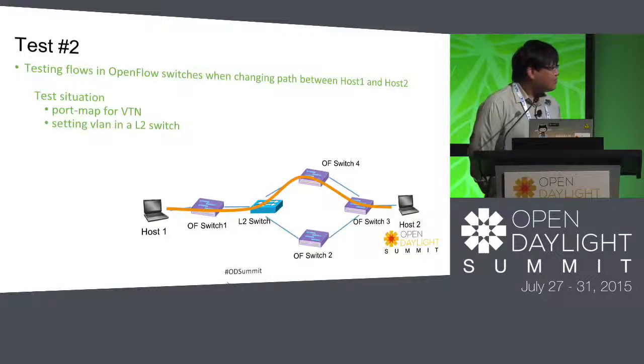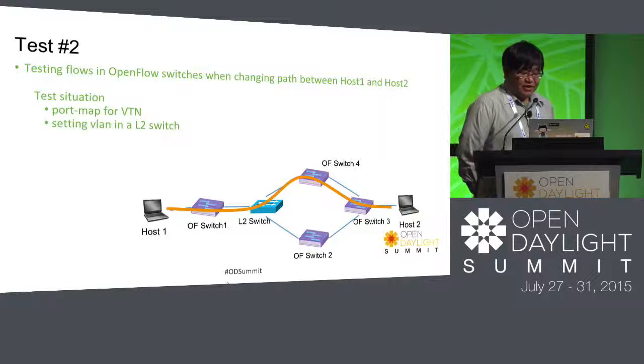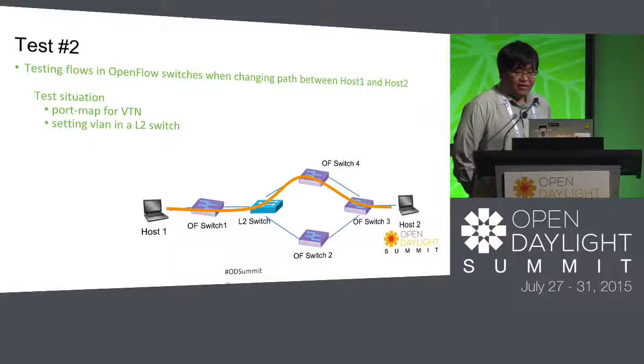Then we use VTN to make a port map between OpenFlow switch 1 and OpenFlow switch 3. OpenDaylight can make a flow path from OpenFlow switch 1 to the L2 switch, then OpenFlow switch 4, the upper path.